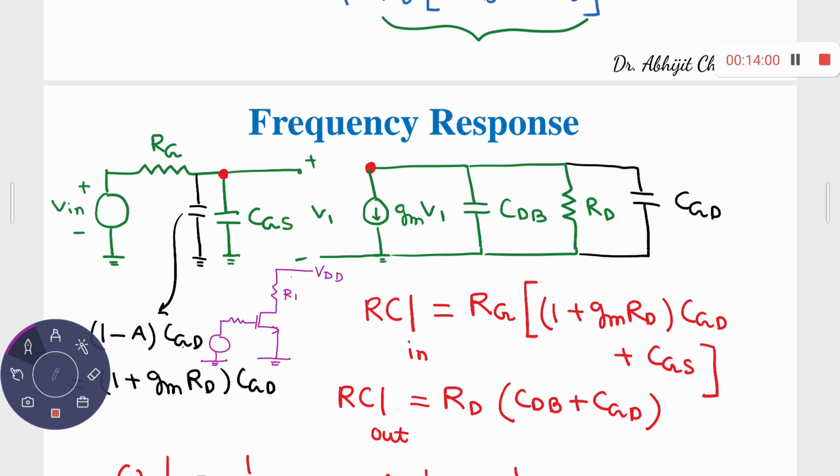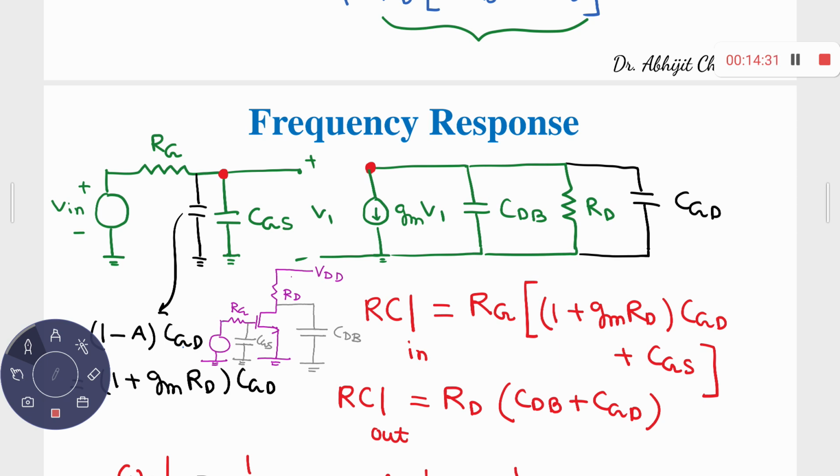This one is RT. This is RC, right? So you have one capacitor, what is that one? As CDB. Here one capacitor, here to ground. What is that? CGS, right? And then one capacitor connected between gate to drain, that is CGD.